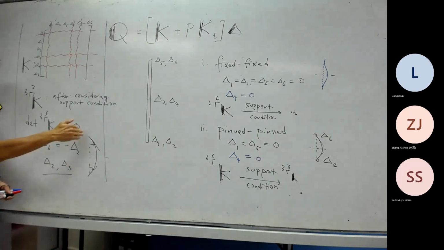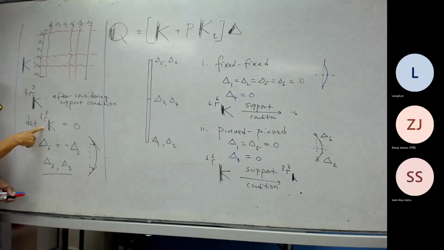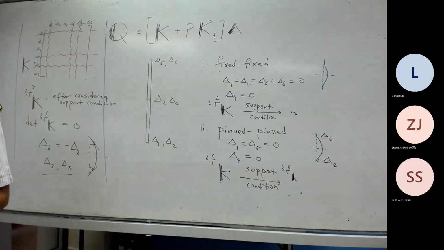So our solution here can only have a symmetry buckle shape. We don't have a non-symmetry buckle shape. So it is reduced to 2 by 2. When you reduce to 2 by 2, the hand calculation is still possible because for a 2 by 2 matrix, you can determine the determinant.